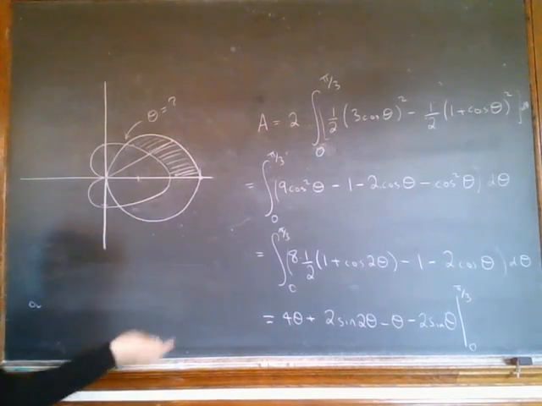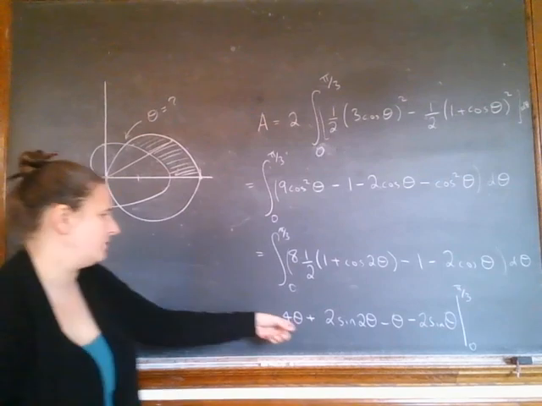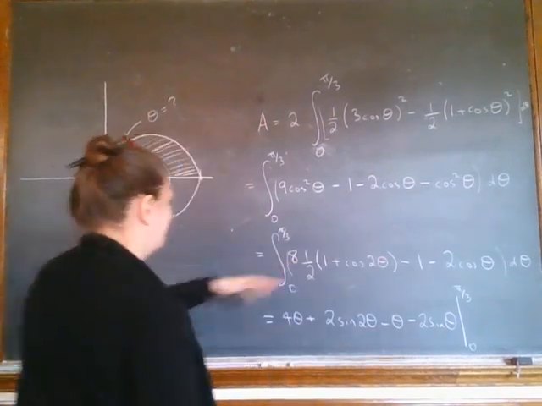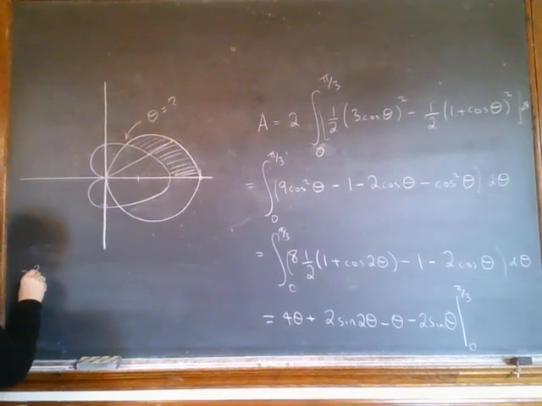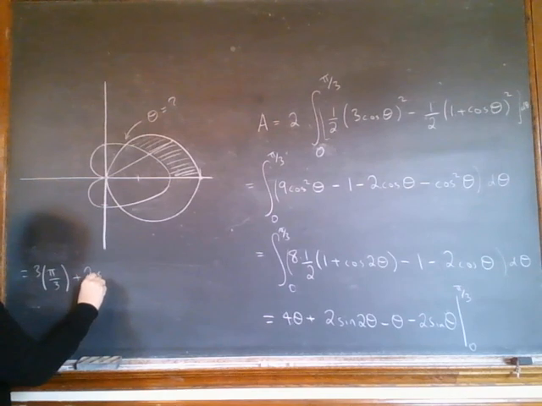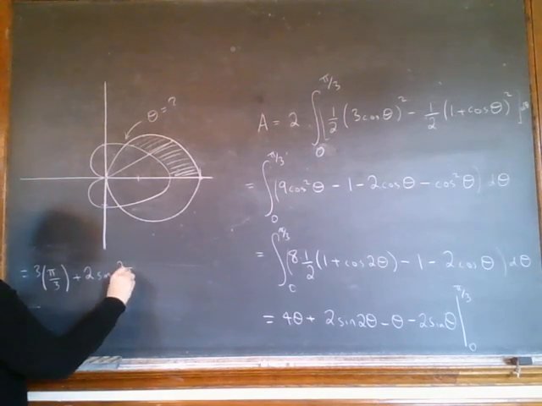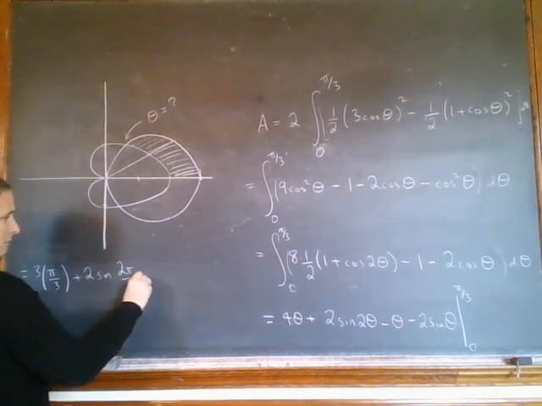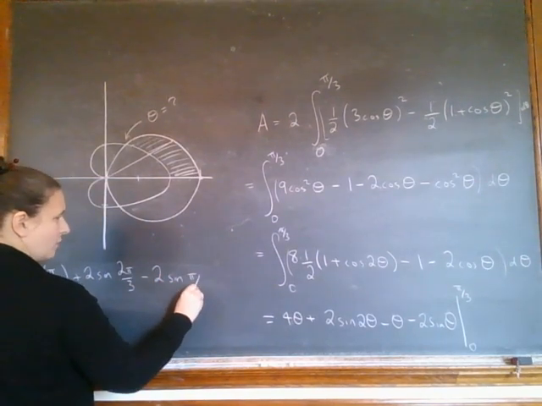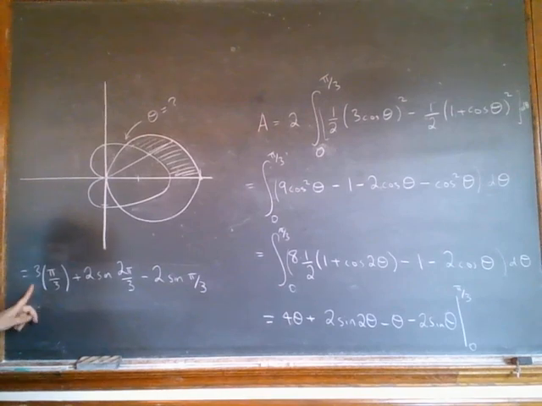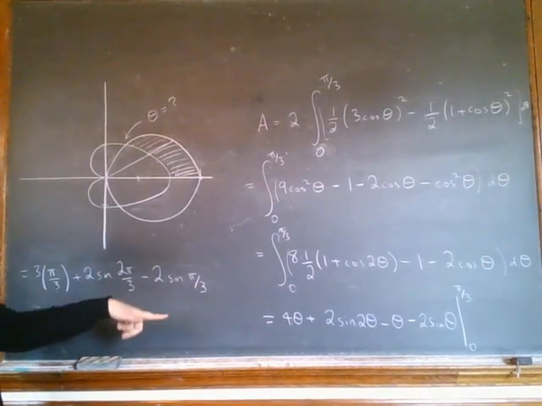Evaluate that. I actually have 3 theta, right? 4 theta minus theta. Okay, so I've got 3 times pi over 3 plus 2 sine of 2 pi over 3 minus 2 sine of pi over 3 minus 0, 0, and 0.